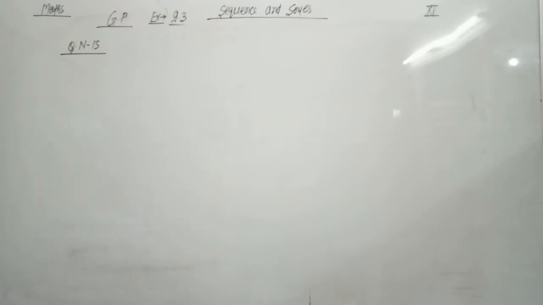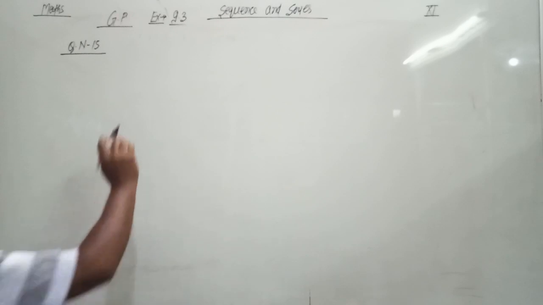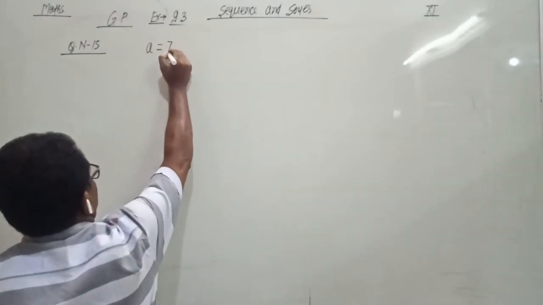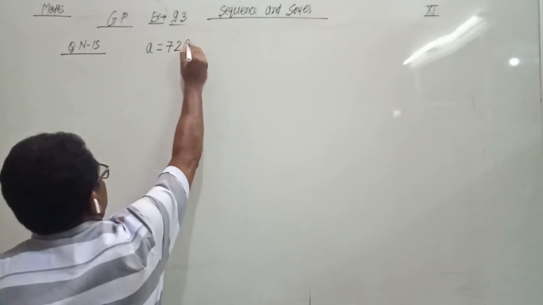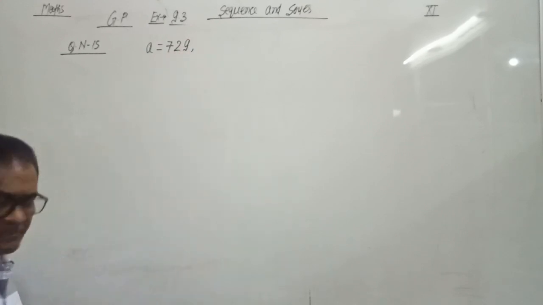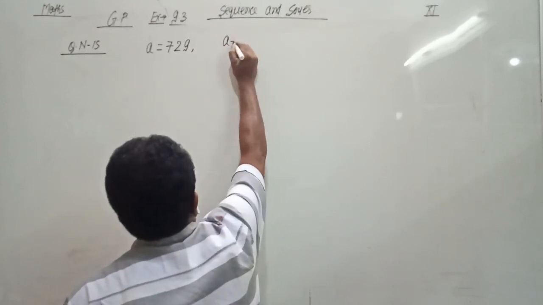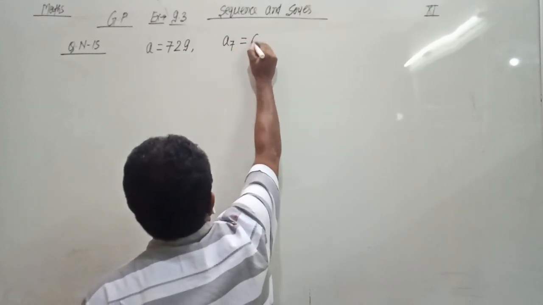We have given a GP with A equals 729, the first term of the GP. The seventh term is 64, A7 equals 64.